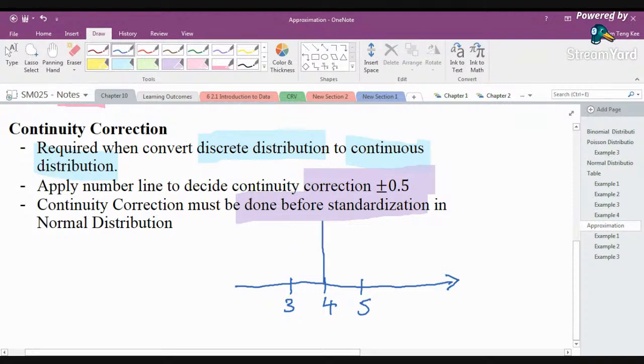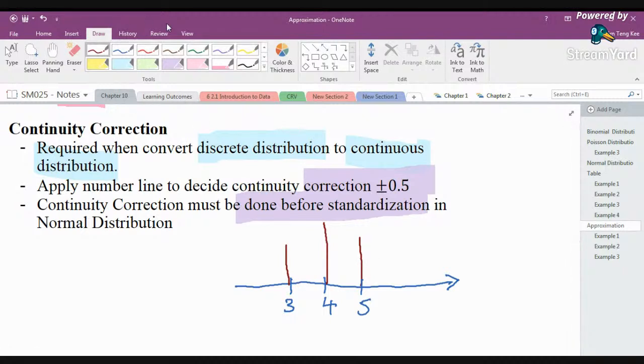So this happens to be the corresponding probabilities that I draw in brown lines now. These are the corresponding probabilities represented by discrete values. So when you consider approximation to normal, that means we are considering the area of the probability that we have.